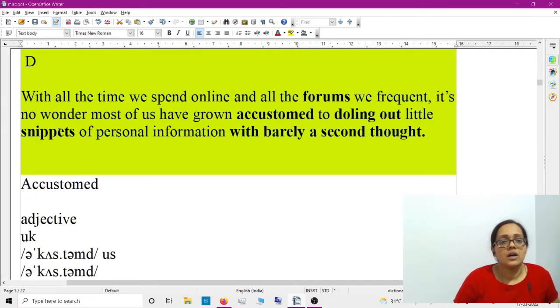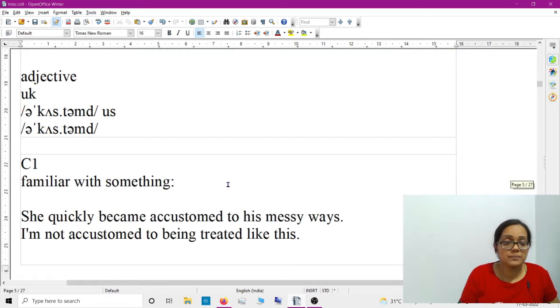With all the time we spend online and all the forums we frequent, it's no wonder most of us have grown accustomed to doling out, to share, give, provide little snippets, little basic brief personal information, with barely a second thought.